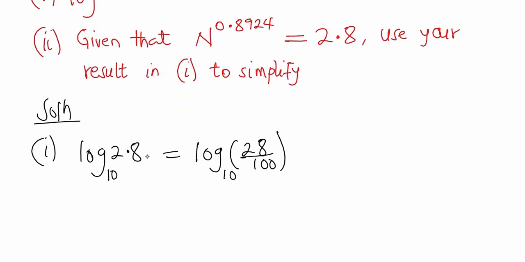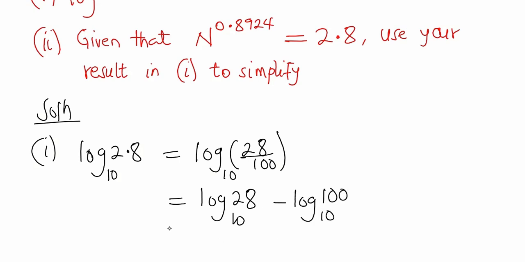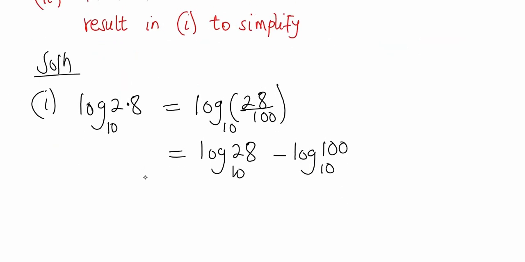Now we can expand this by having the logarithm of 28 base 10 minus the logarithm of 100 base 10. Now at this point too, we can see that 28 is a number that can be broken down by considering the product of two numbers, and in the product of these two numbers we can consider 7 and 4. That is 7 times 4 gives us 28.